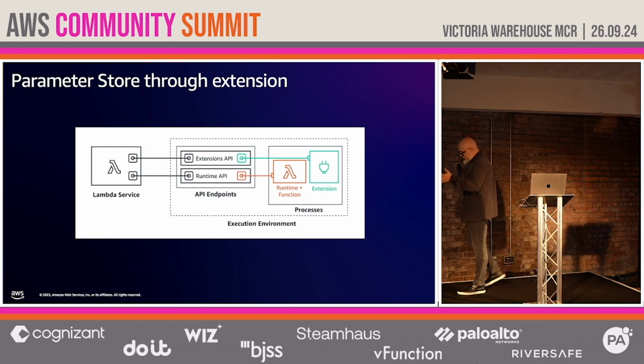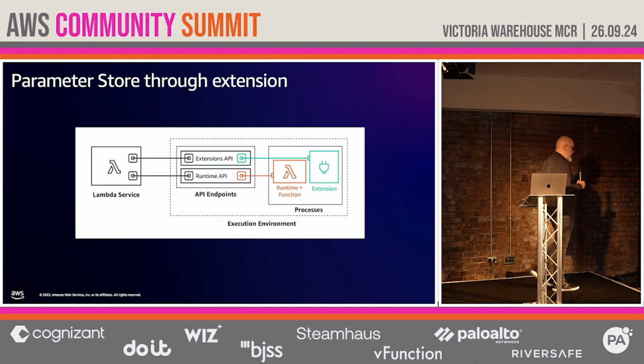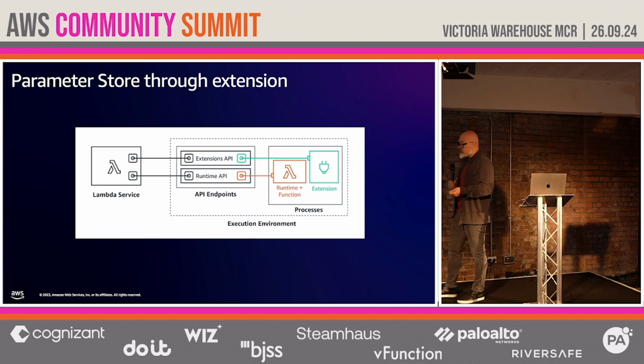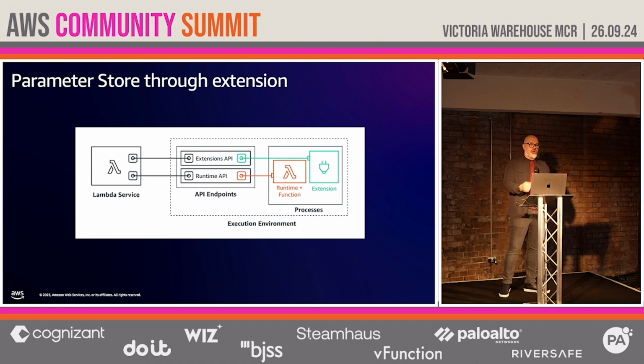So what if I take the parameter store out of the initialization phase, and I use an extension for loading the information? There is an extension that enables you to fetch data from parameter store and secrets manager, and that also gives you the cache out of the box. So you don't have to think about needing to cache or whatever.